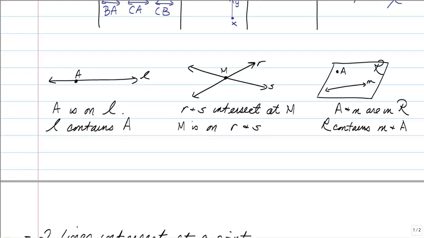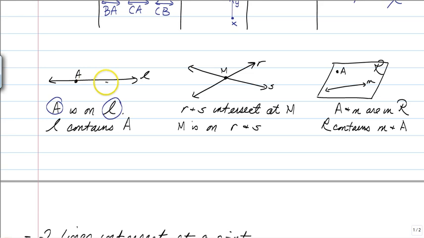This is just a couple of notes. You don't really have to write anything down here. This is just a little bit of practice of how we talk about geometry terms. So this says A is on L. Notice how the letters were written. A single capital letter means it's a point, and a lowercase scripted letter represents a line.